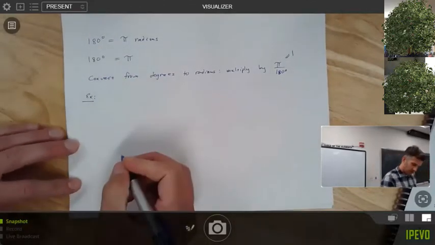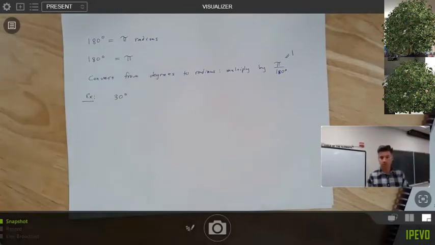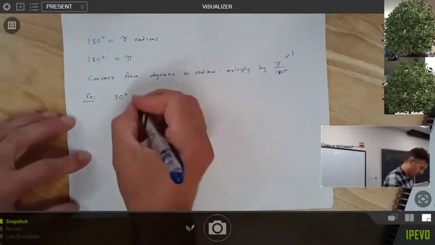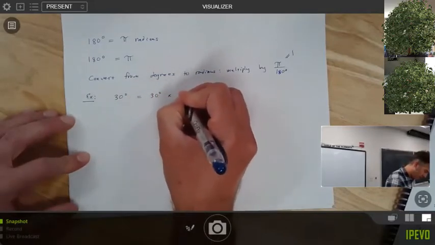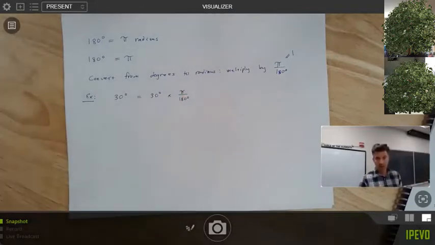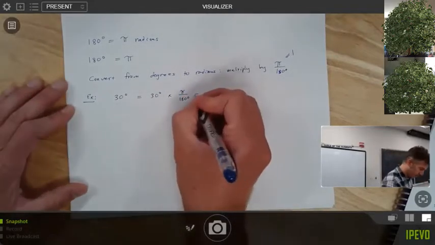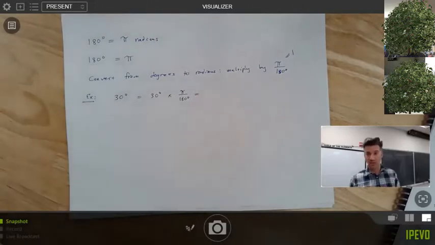if I want to convert, say, 30 degrees to radians, I'm going to multiply that by pi over 180 degrees. Now, a lot of people are just going to say, okay, well, this is going to be, so you don't have to show quite all these steps. You should show some steps when you're converting from degrees to radians.